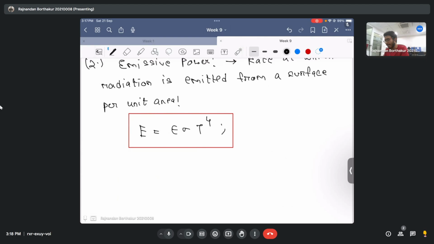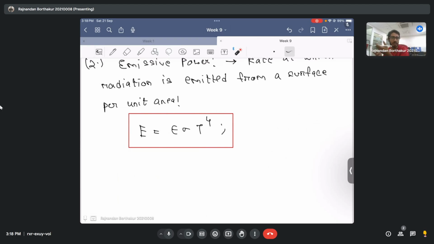If you have any temperature greater than 0 Kelvin, then owing to its own temperature the body will emit radiation, and that emitted radiation flux is known as emissive power.